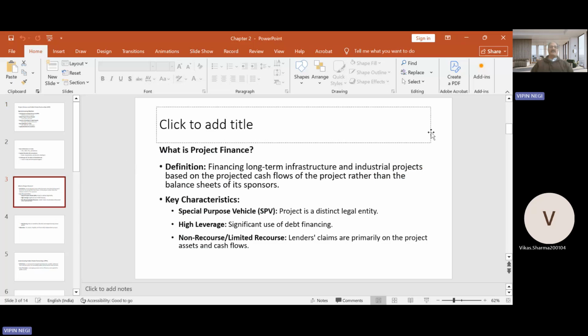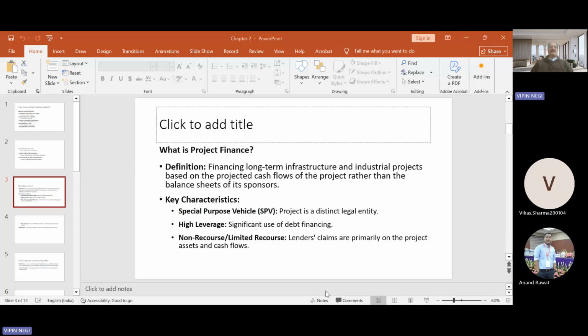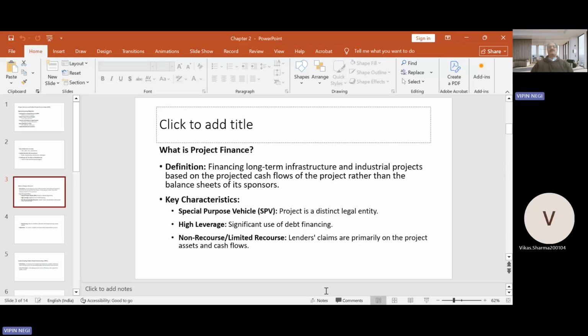First, the definition. What is project finance? Project finance is financing long-term infrastructure and industrial projects based on the projected cash flows of the project rather than the balance sheets of its sponsors. So basically, it is not based on the balance sheet of sponsors, but on the cash flows of the project. Key characteristics of project finance: first, a special purpose vehicle, SPV.